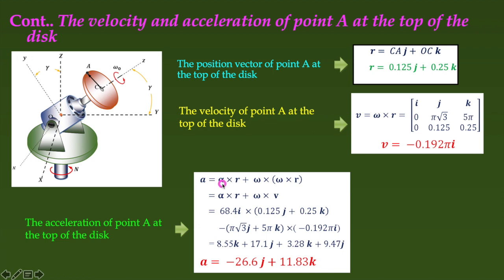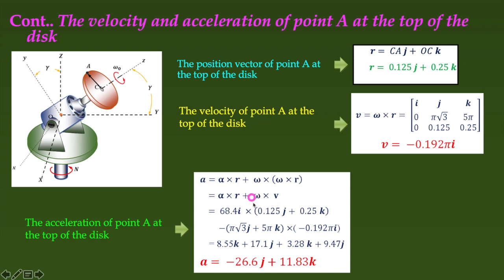Then finally it is the linear acceleration of A. We know there are two components of acceleration: one is the tangential component, another is the normal component. The tangential component is due to the angular acceleration alpha, and equals alpha cross r, and the normal component is due to the angular velocity omega, and equals omega cross r, or omega cross v. So finally a equals alpha cross r plus omega cross v.